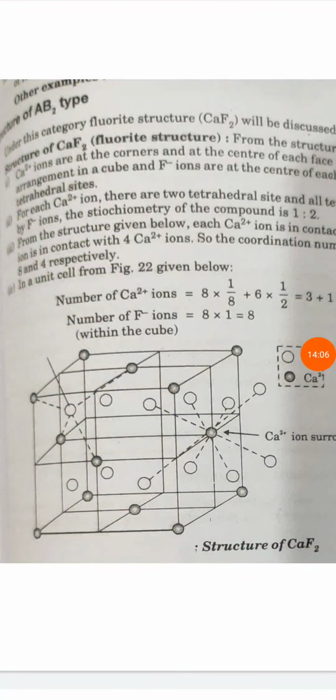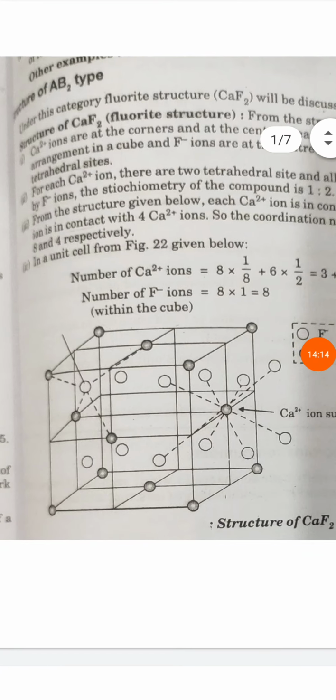For each calcium ion there are 2 tetrahedral sites, and all the tetrahedral sites are occupied by fluoride ions. So the stoichiometry of the compound is 1:2.